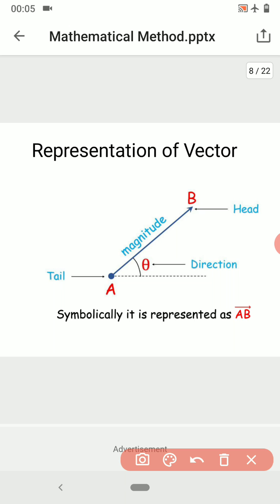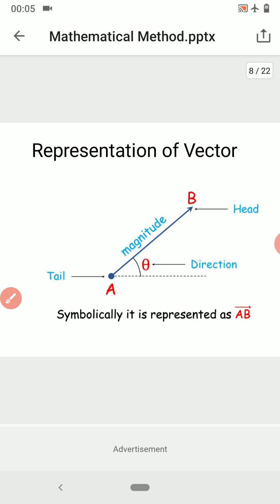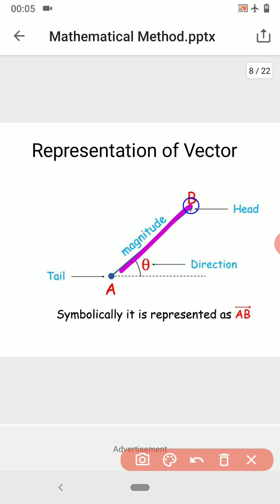So it can be written as vector PQ, which implies P is the tail of the vector and Q is the head of the vector. This is the symbolic form of the vector. See, here is vector AB.